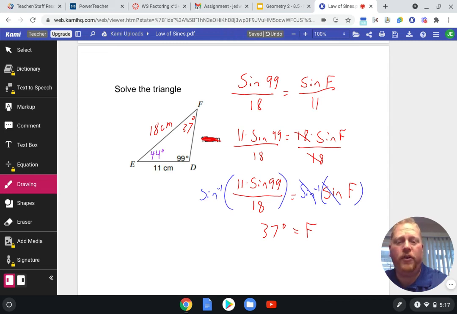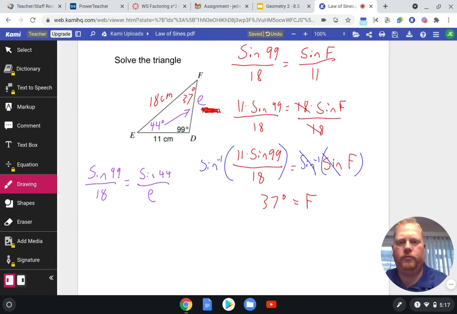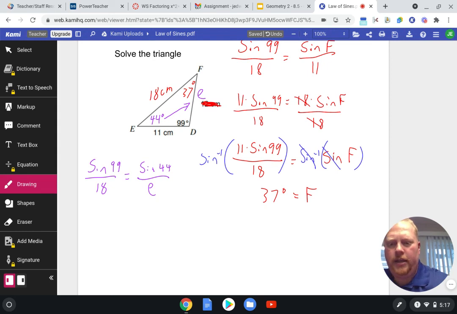So now I can use that 44 degrees to help me find side E. I can start with the same ratio that I did before: the sine of 99 over 18 equals the sine of 44 over E. Cross multiply, so E times the sine of 99 equals 18 times the sine of 44.